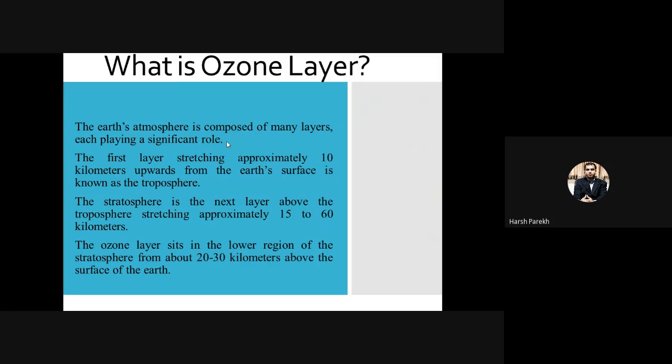The ozone layer sits in the lower region of the stratosphere, about 20 to 30 kilometers above the surface of earth. So where is this ozone layer? It is at the bottom of the stratosphere, in the lower region, near about 20 to 30 kilometers above the surface of earth.